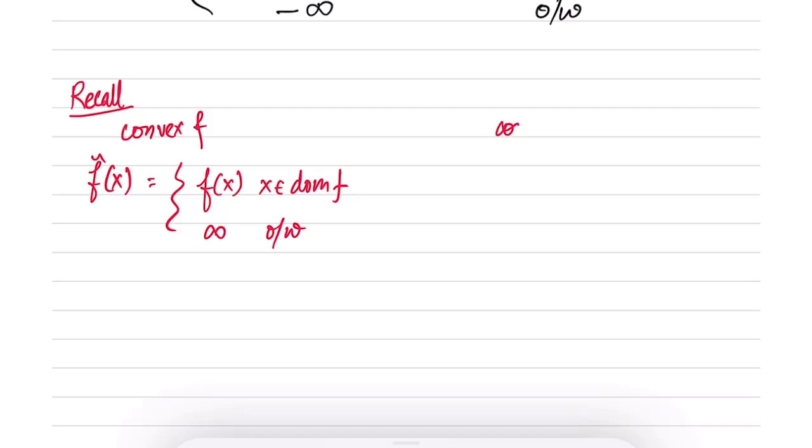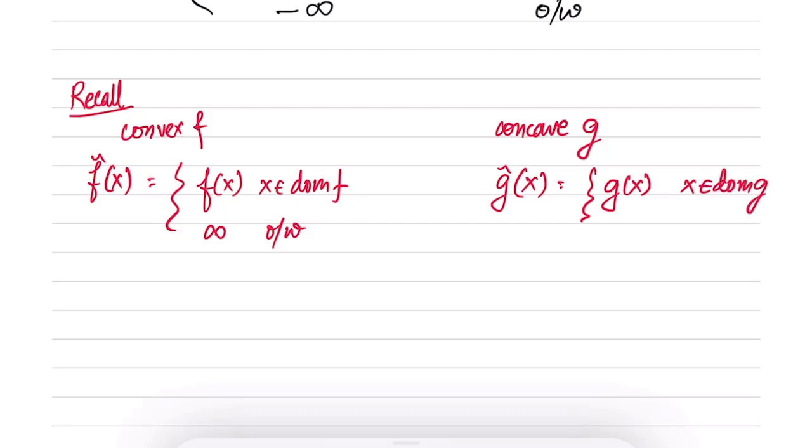If we are talking about a concave function, then we can similarly define g tilde of x as g(x) for x in the domain of g, and minus infinity otherwise. The reason we have to define it to be minus infinity is because minus g of x is a convex function, and therefore minus g of x should take value infinity if x is outside the domain of g. So therefore we have defined it as minus infinity.